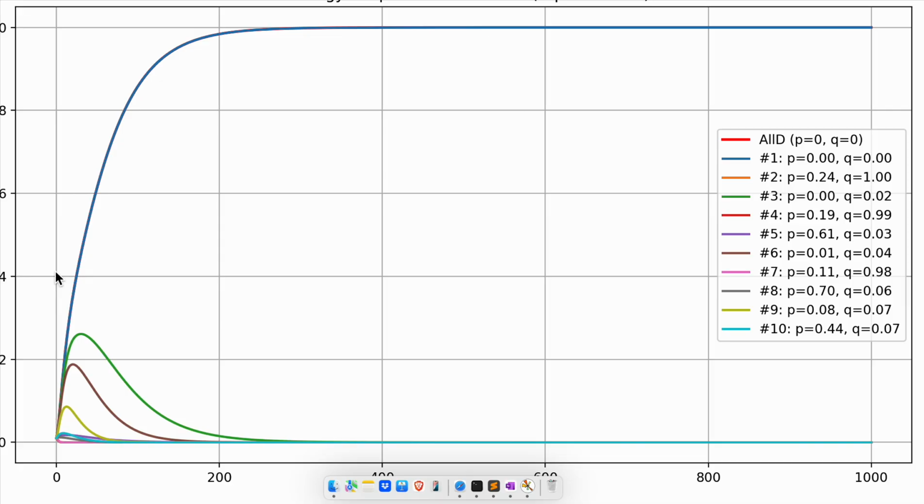This green one corresponds to the strategy with p equal to 0.00 and q equal to 0.02. Similarly, all the types in the population go to extinction other than all D, which is p equal to 0.0 and q equal to 0.0.